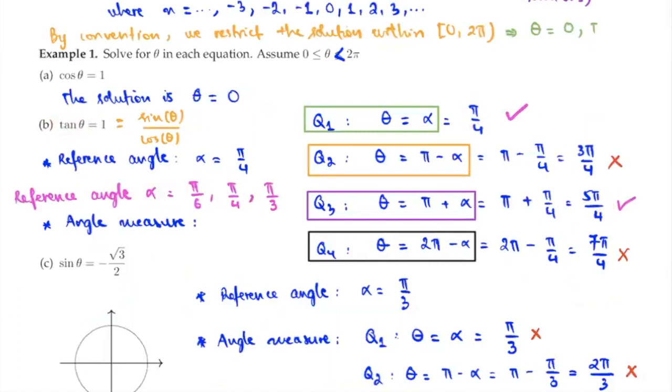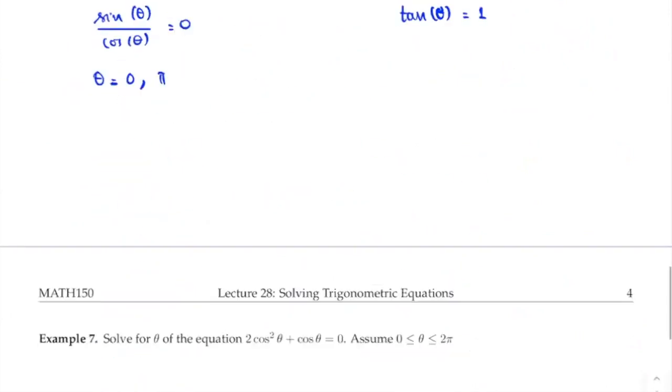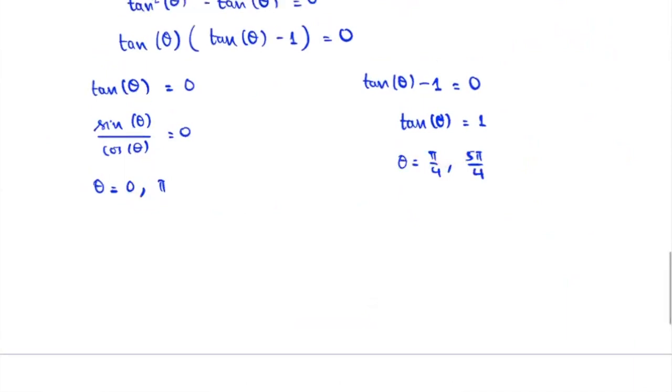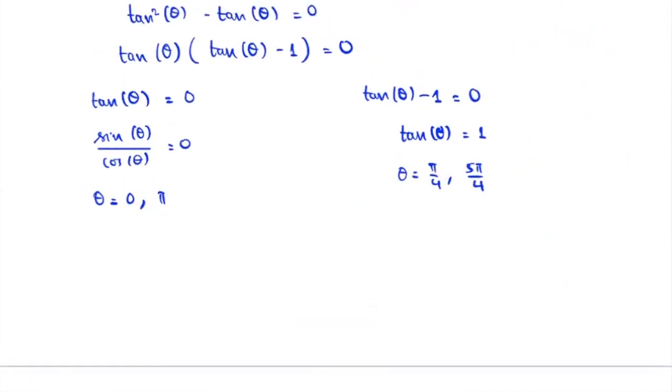If you have questions on how to solve this, please go back to example 1b. So the solutions are theta equal to pi over 4 or theta equal to 5 pi over 4. So there are four solutions in this particular equation when theta is between 0 and 2 pi, or theta is strictly less than 2 pi. Those solutions are 0, pi, pi over 4, and 5 pi over 4.